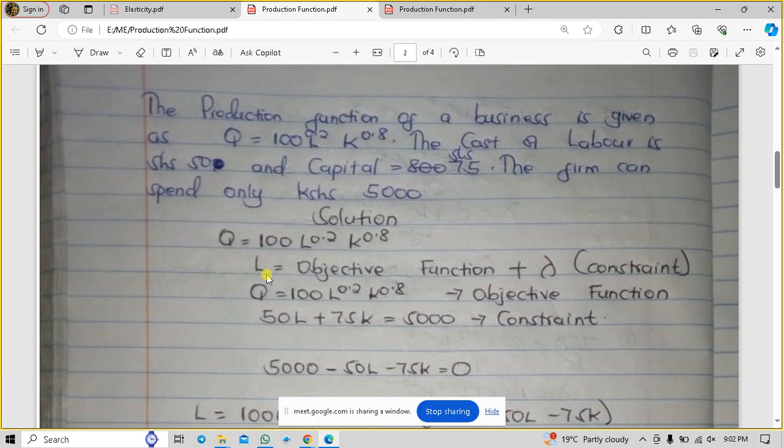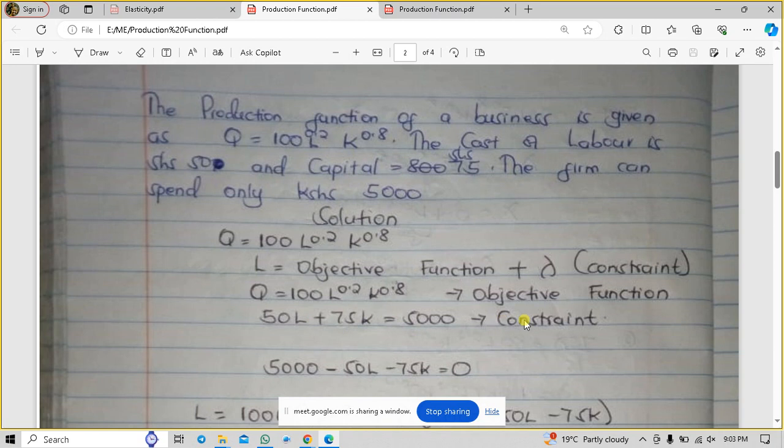What have you written? 20,000 as the constraint.